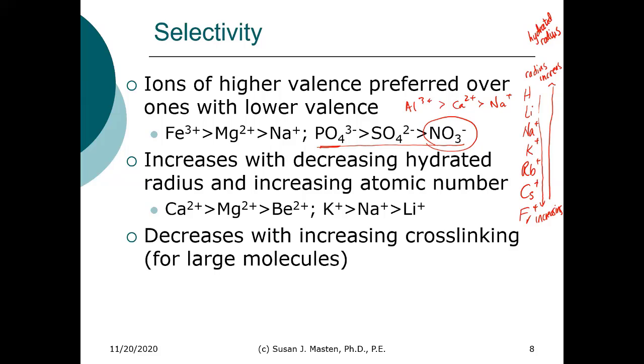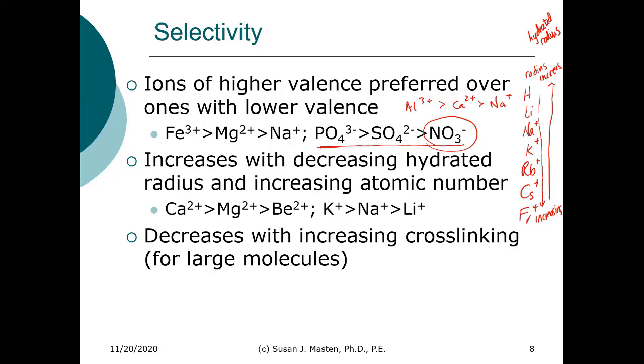So the hydrated radius of hydrogen is greater than that of sodium. And if you remember, I mentioned that swelling pressure. The presence of these hydrated ions results in a swelling pressure, and if the swelling pressure is too great, it can actually degrade the polymer from a physical perspective.